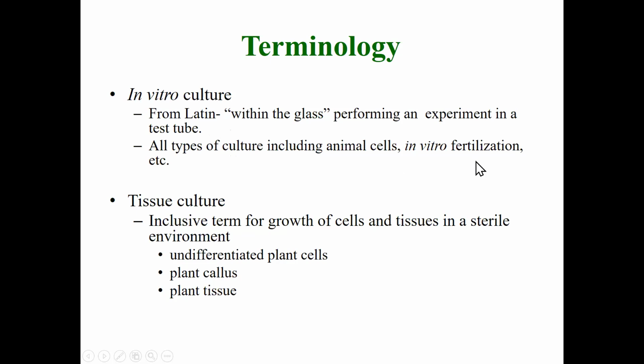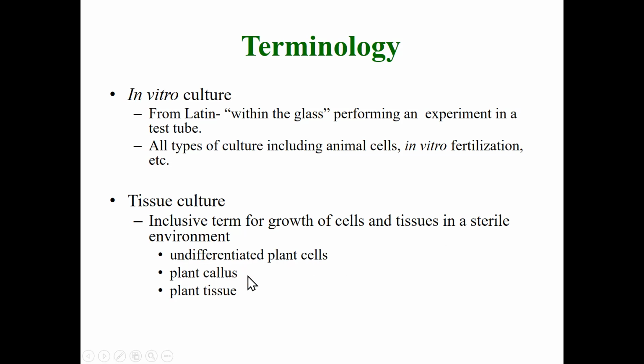In vitro fertilization is important in animals, even in humans, where sperm and ovum can be fertilized to get the embryo, also called in vitro fertilization. Tissue culture is an inclusive term for growth of cells and tissues in a sterile environment.